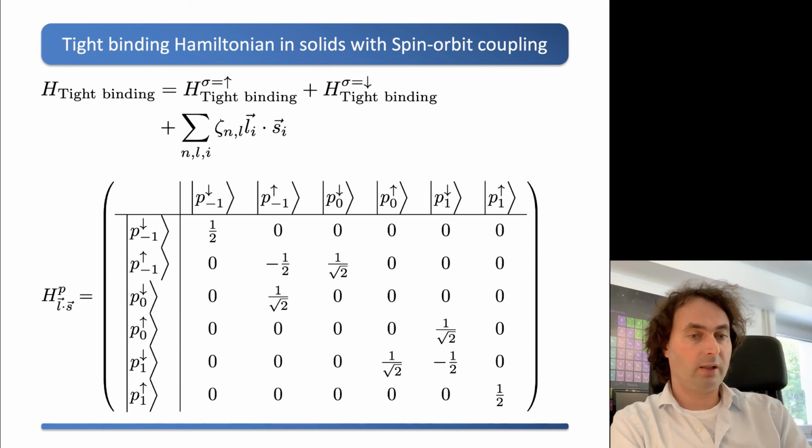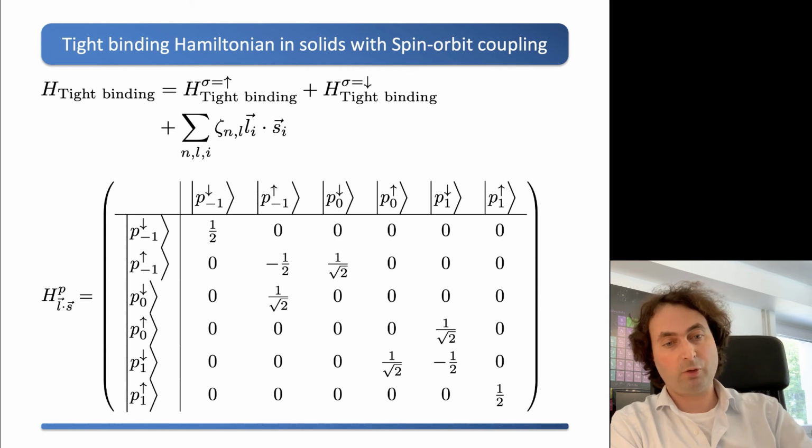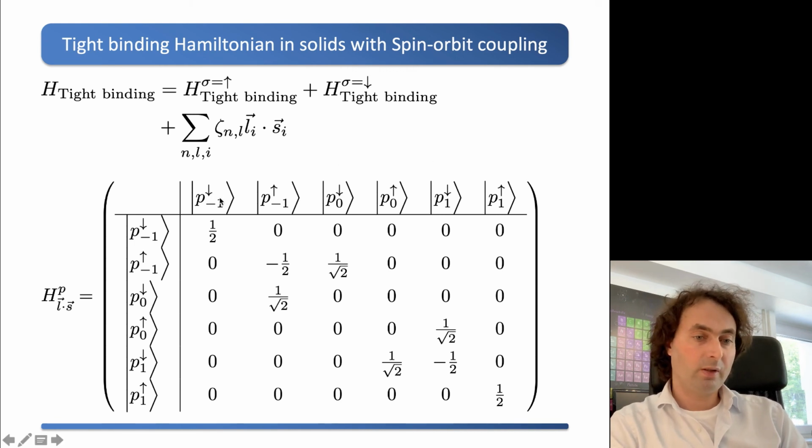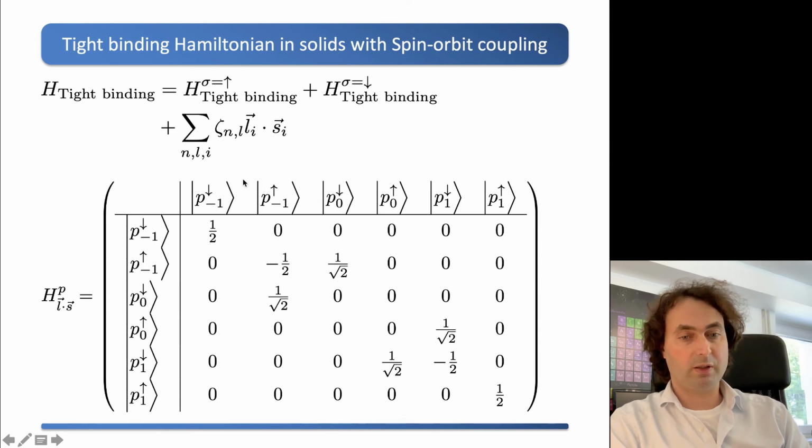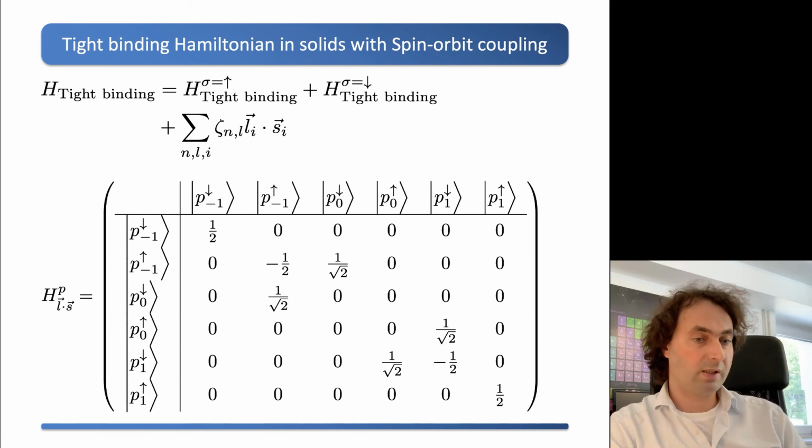The coupling interaction L dot S between p electrons can be written down quite easily on a basis of the complex spherical harmonics. If we have an angular momentum -1, 0 or 1 and a basis of spin down, spin up, spin down, spin up, spin down, spin up, then you see that for the p shell we now have 6 basis states.